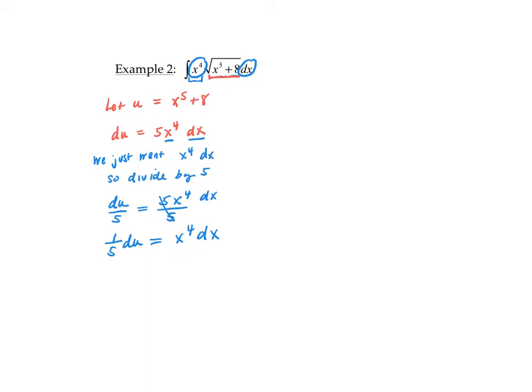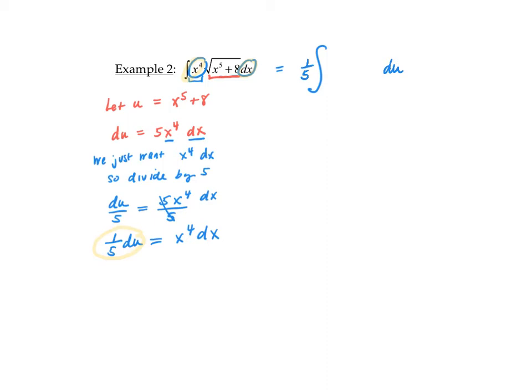Okay, so now we're going to rewrite our original integral in terms of u and du. So in place of the x to the 4th and the dx, we're going to put in 1/5 du. So the du is going to go at the end of the problem, and we're going to put in the 1/5 because it's a constant right out in front.